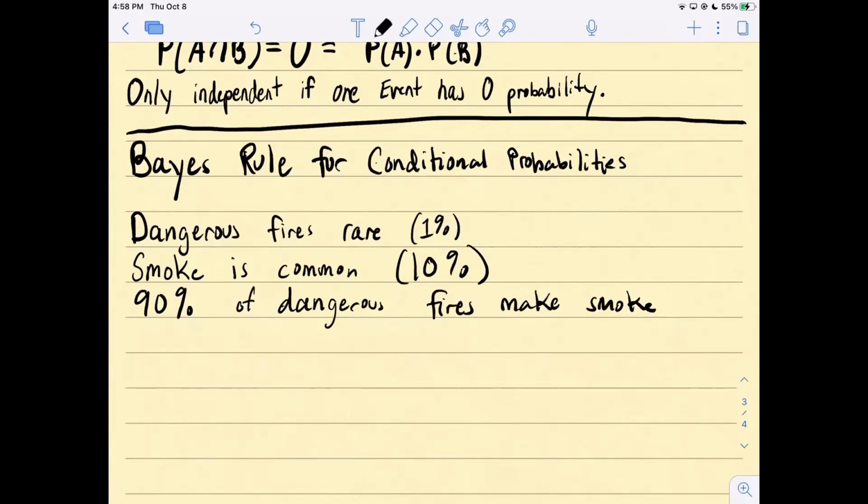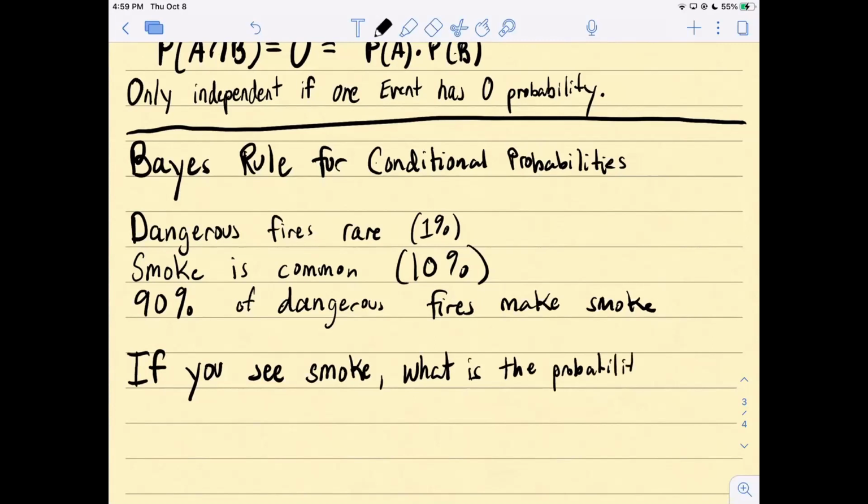So here's the question. If you see smoke, what is the probability that it comes from a dangerous fire?